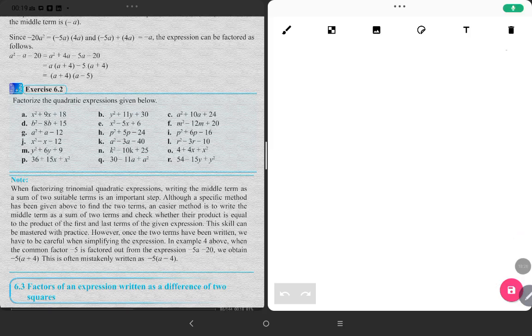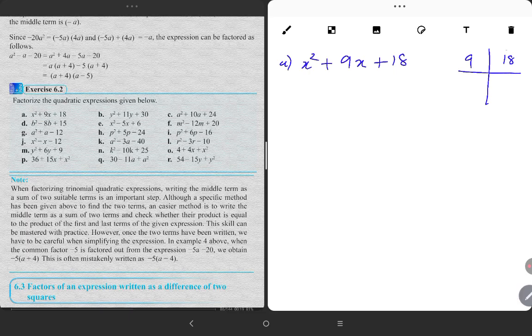Okay, let's do question A here. X square plus 9x plus 18. It's easy now. Take, as I mentioned previously, 18 and 9. How can we write it in two terms? One has to support the addition, the other has to support the multiplication. The easier thing is 6 and 3, right? 6 plus 3 is 9 and 6 times 3 is 18.